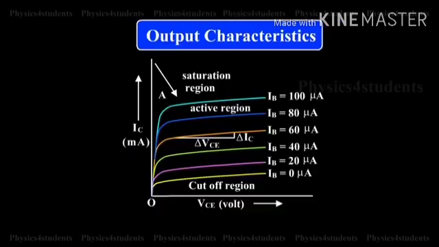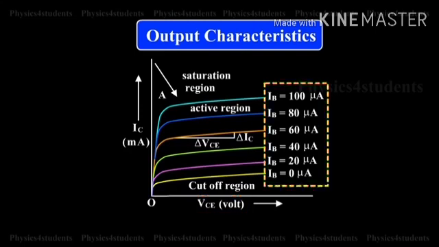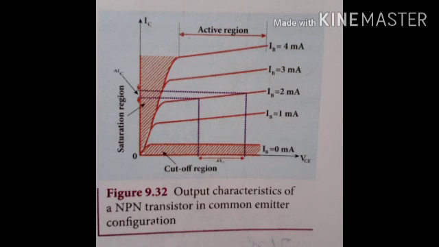So at a constant IB current, we draw the output characteristics curve. VCE is along the x-axis, IC is along the y-axis. Experiment for different values of IB.